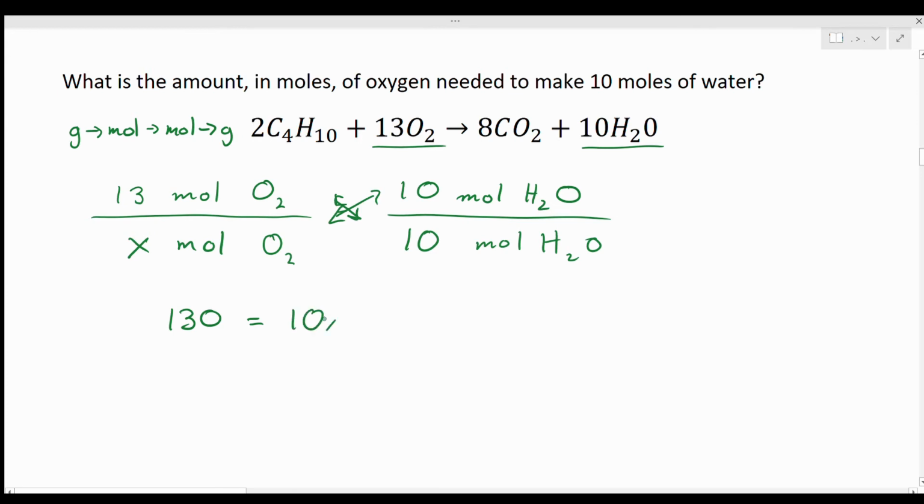So 10x. And we get that x will equal 13. You get that number by dividing both sides by 10. Okay, and we know that this right here is going to be in moles of oxygen gas. In conclusion, we need 13 moles of oxygen to make our 10 moles of water.